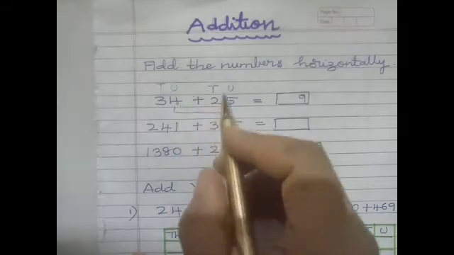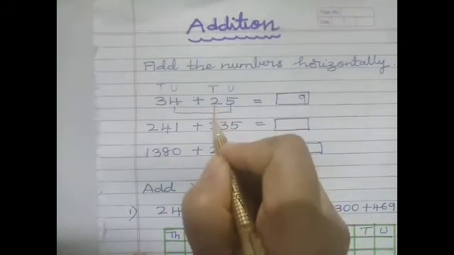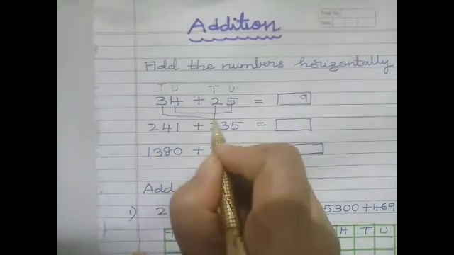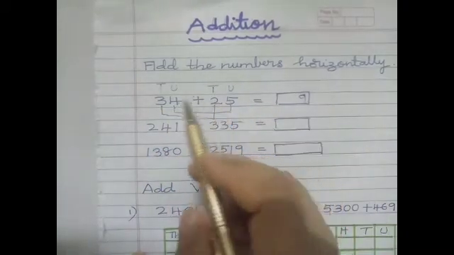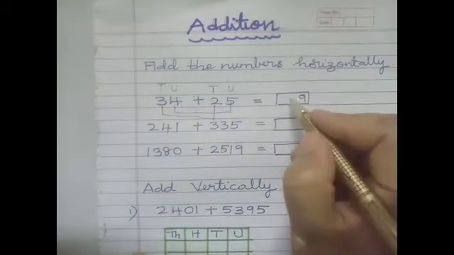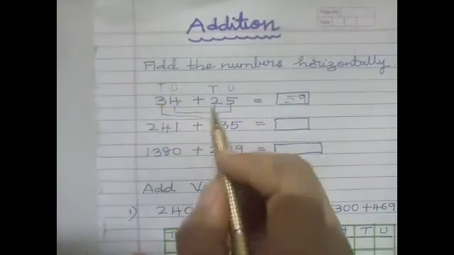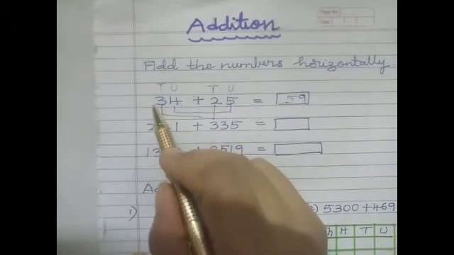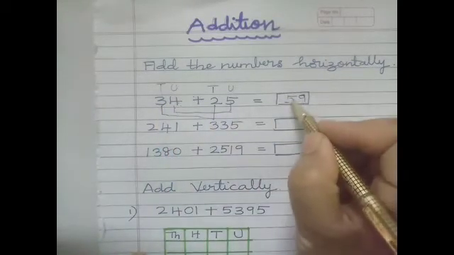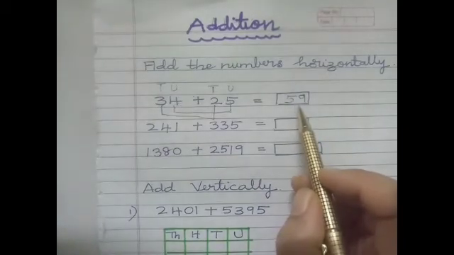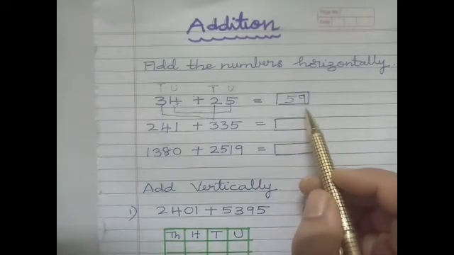Next we are adding tens and tens. So these two are in tens place. 2 plus 3, it is 5. 2, 3, 4, 5. So the answer is 59. Okay children, this is how we are adding the numbers horizontally.